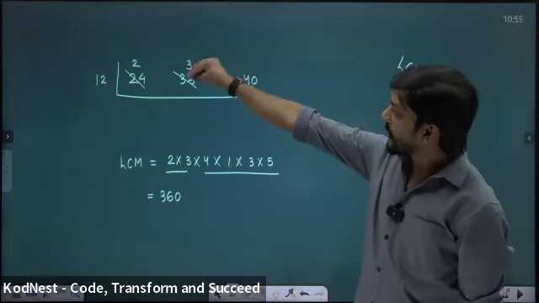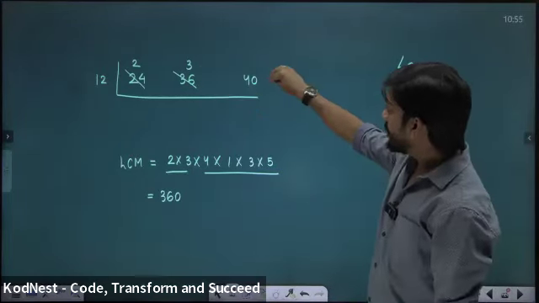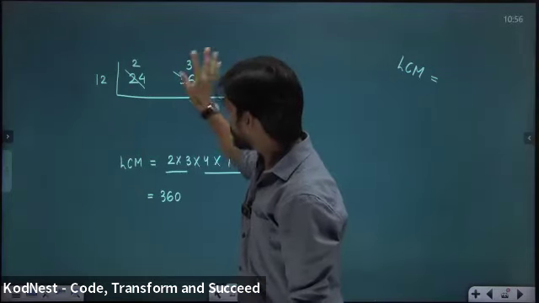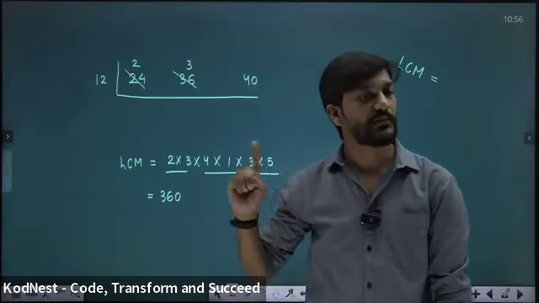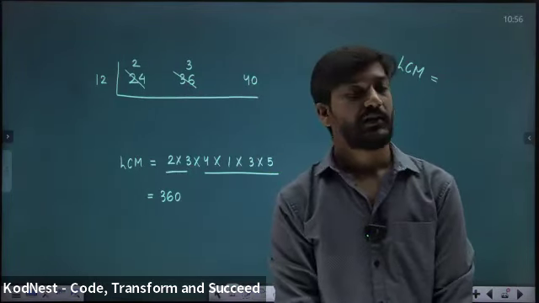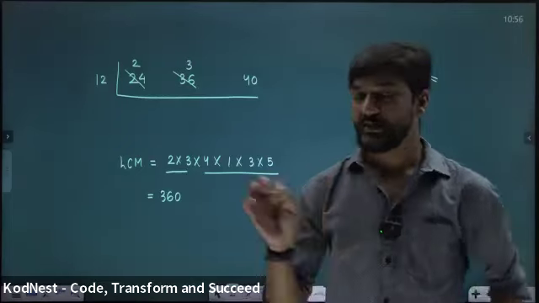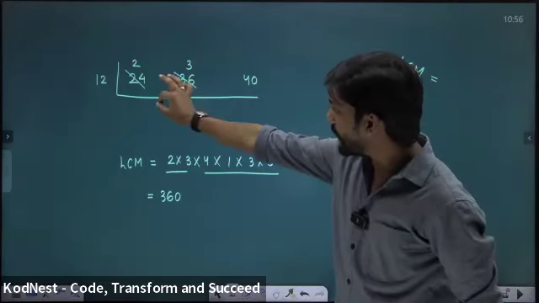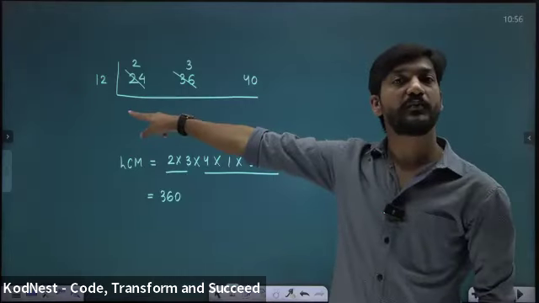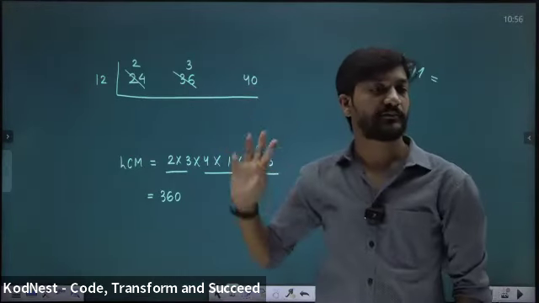Now 12 is not a prime number. 12 is not cancelling all of them. But yes, 12 is common to these two. So now you have made the mistake. Okay, so please don't do this. Is this point clear, why we will not take 12? Because 12 is not a prime number. It does not cancel 40.